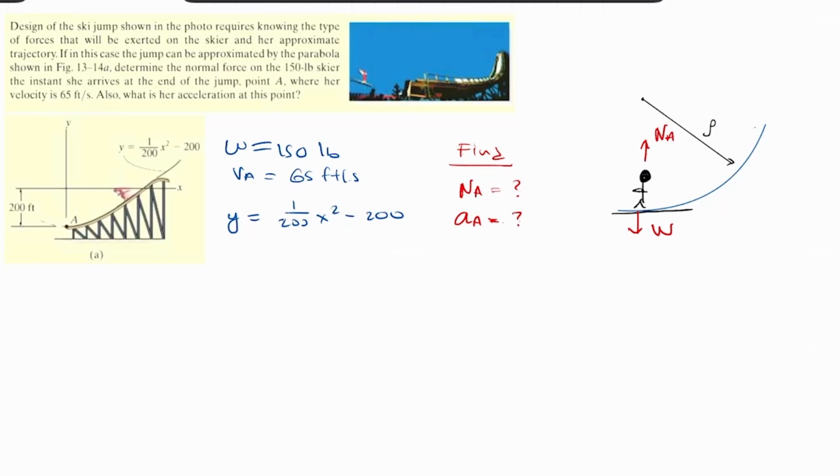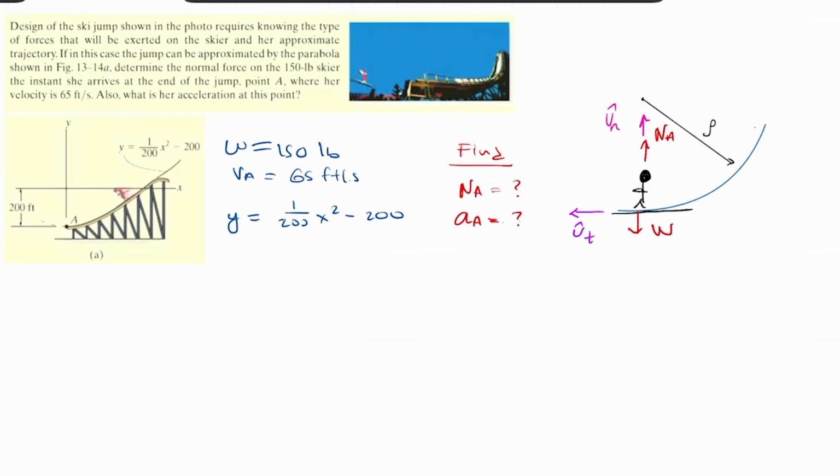So at this instant, it is tangent to the path, so we're going to have the trajectory in the tangential direction. And towards the center, we're going to have the normal direction. Those are going to be our directions for the equations of motion.